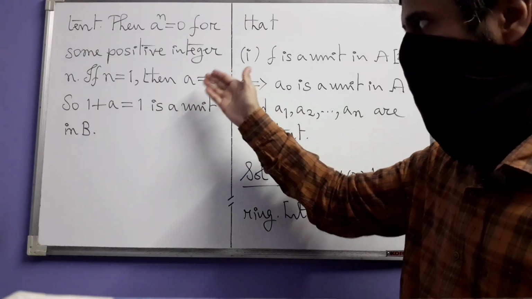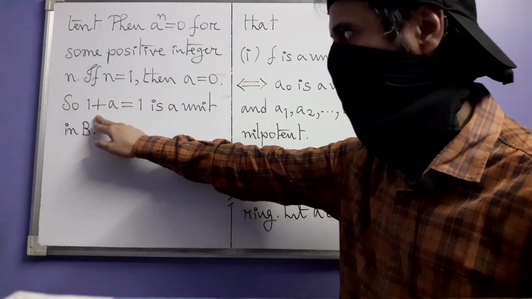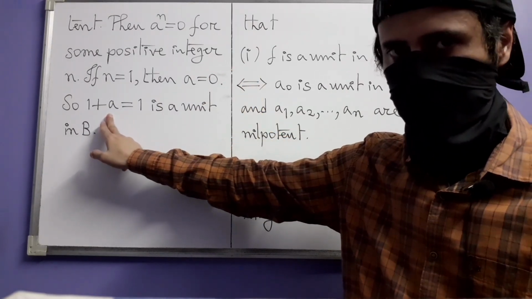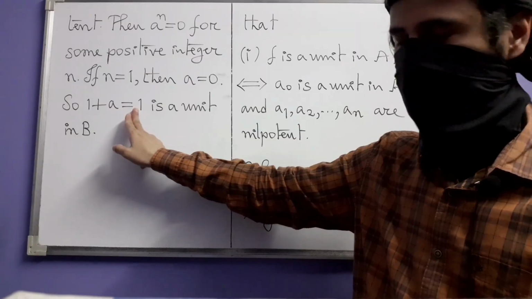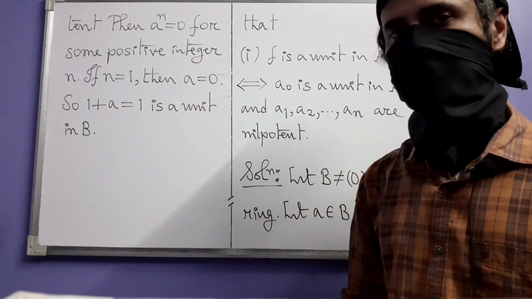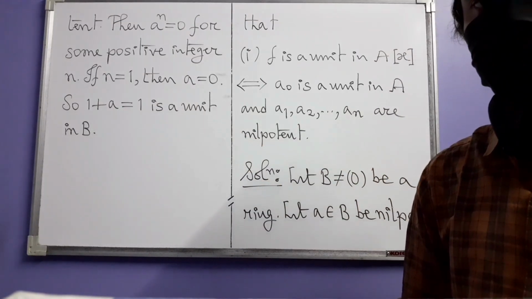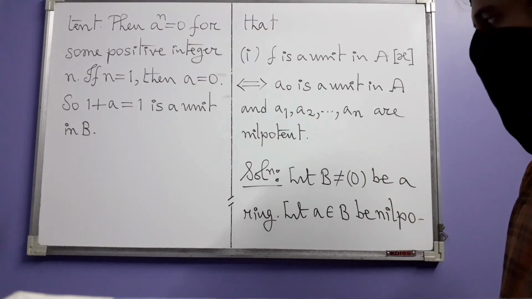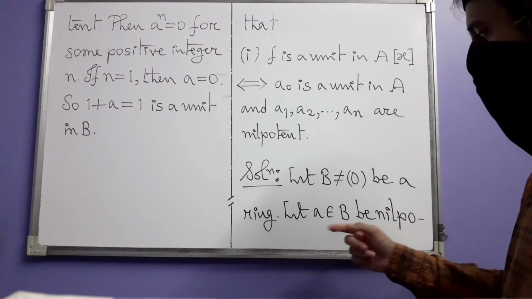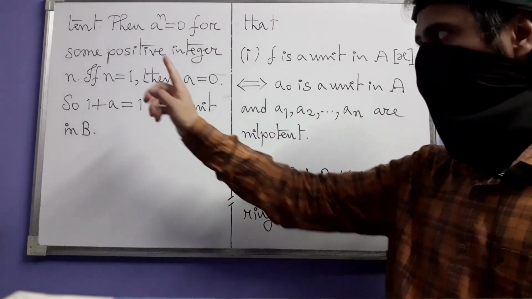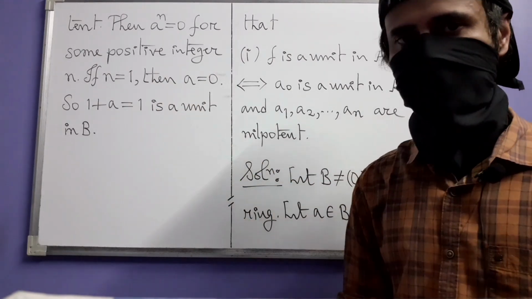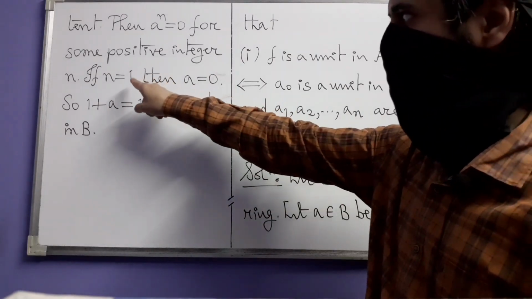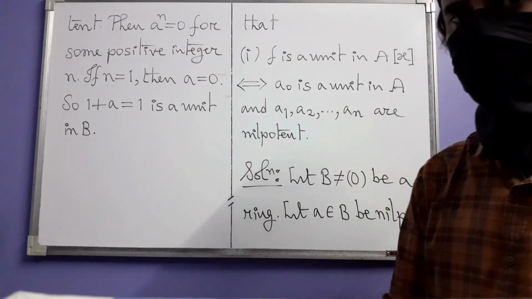And that is why in this specific case, if you consider the element 1 plus a, then it is just 1 because a is 0, which is a unit in B. So what we have shown is that for the nilpotent element a, 1 plus a is a unit in B in this case, if the exponent is equal to 1.